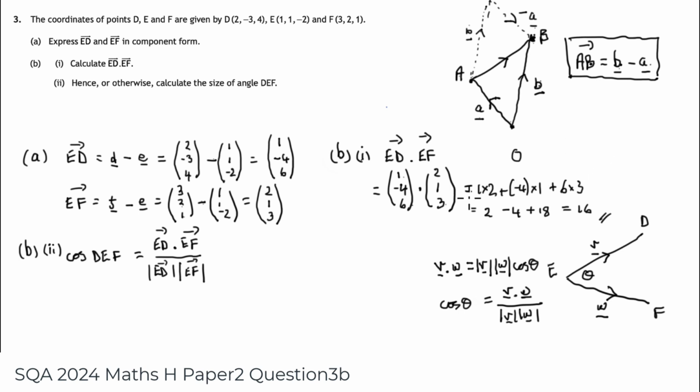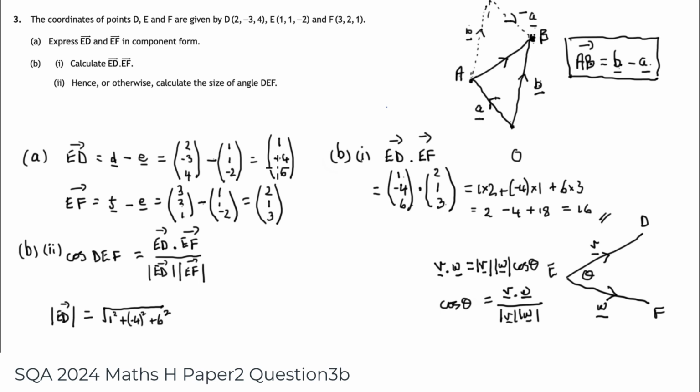Now we have the dot product, we just need to work out the length of ED, the magnitude of ED, and since we have the components of ED, that's 1, -4, 6, we use the formula: square root of each of these components squared and added together. So it's 1 squared plus -4 squared plus 6 squared.